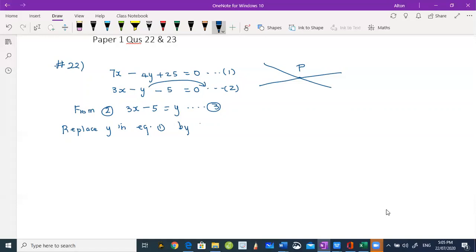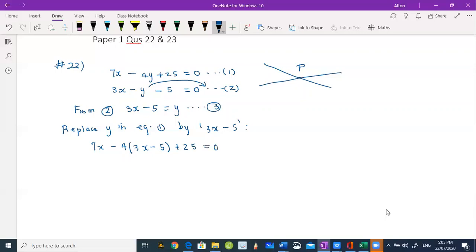The expression we are replacing y by is 3x minus 5, because y is equal to 3x minus 5. So let's see what we get. Wherever we see y in equation 1, we're going to replace it by that expression. Equation 1 becomes 7x minus 4, open brackets, 3x minus 5, close brackets, plus 25 equals 0.